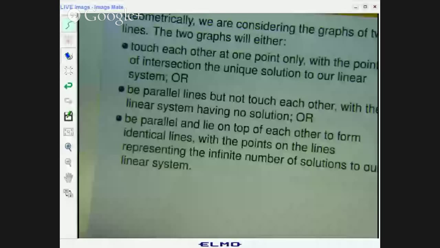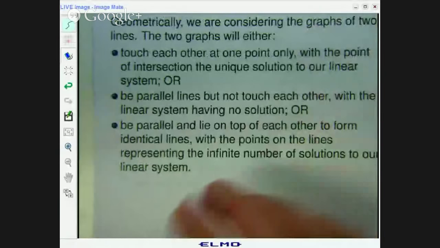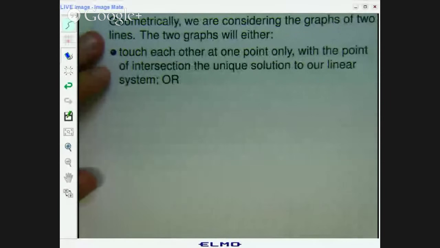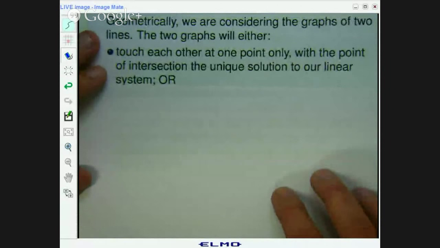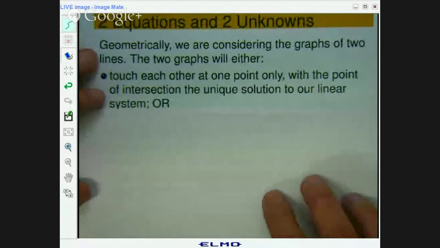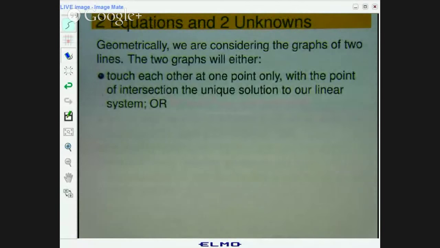What's going on there geometrically? Again, I'm glad you asked. All right, so geometrically, we are considering the graphs of two lines.